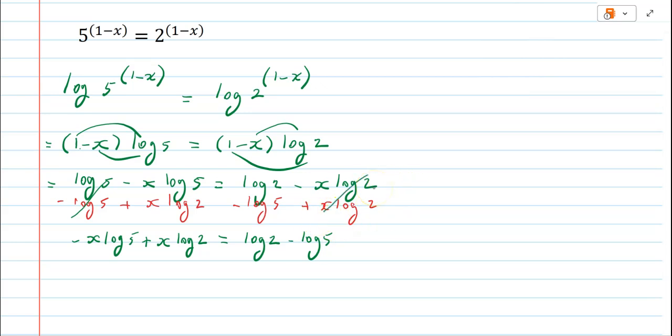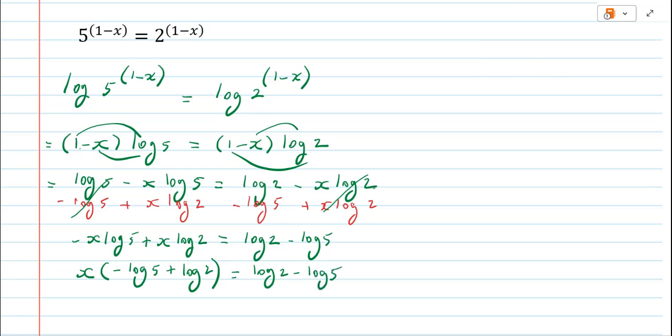All right, so we're almost there. Last step, we're going to factor x out. We get x times negative log of 5 plus log of 2 equals log of 2 minus log of 5.